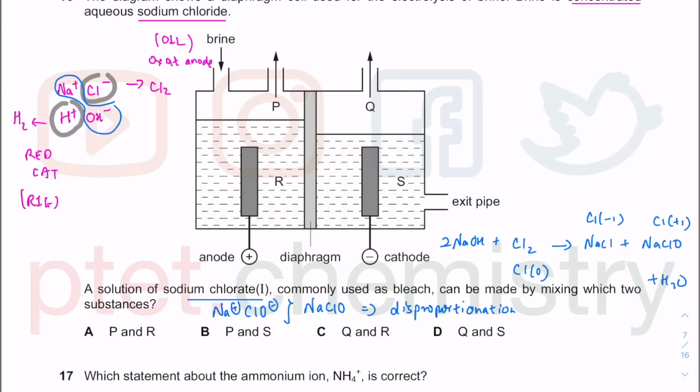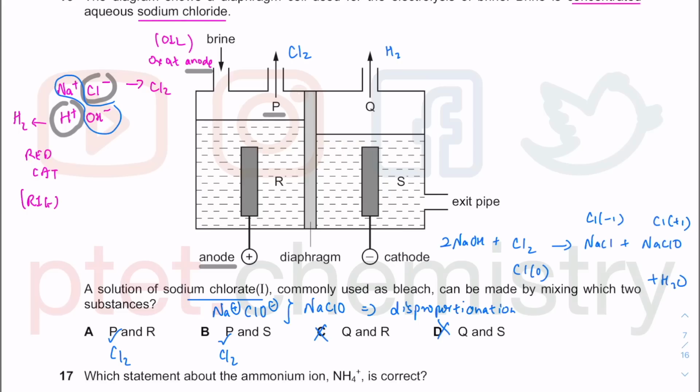Now this is CO2. CO2 is produced at the anode, so really we're looking at the anode, and we're looking at the product P. So P must be the CO2 and not Q, because Q is H2 at the cathode and this is CO2 at the anode. Now between R and S, what happened is it's only after the reactions that it passed through the diaphragm. So what are we going to get here?